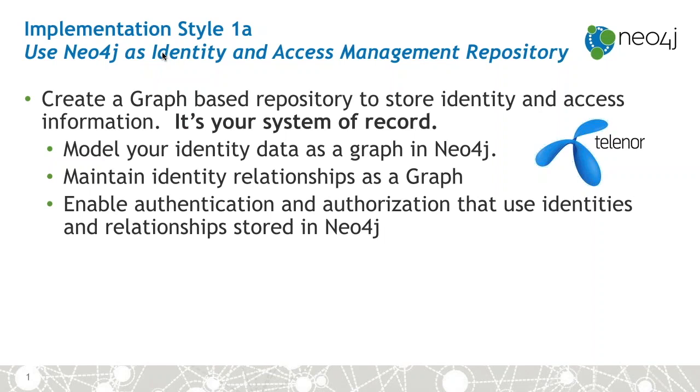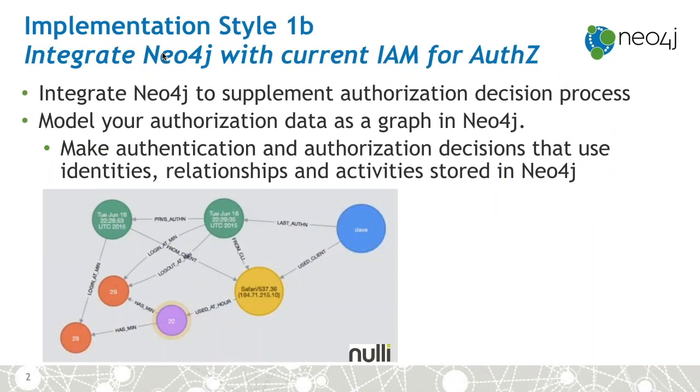In that case, you're modeling your identity data in Neo4j, maintaining all of your relationships as a graph in Neo4j, and then making authentication and authorization decisions using those identities and relationships. The second one may be a good first step for many organizations, and that is integrating Neo4j to supplement the authorization decision process.